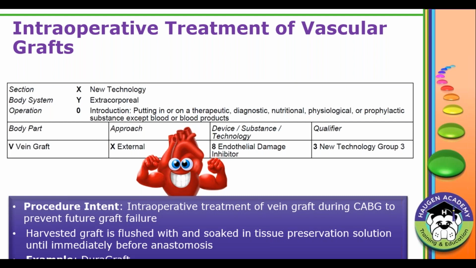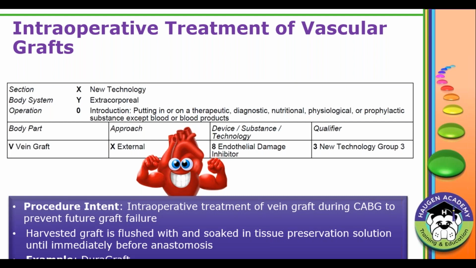One other aside here, and I haven't seen this yet. I don't know if you're doing this in your facility. There is a new technology called Duragraft where they treat the vein graft during the bypass procedure in order to prevent future graft failure. So they take the saphenous vein graft and they flush it and soak it in this tissue preservation solution, as soon as they harvest it and up until the point right before they do the anastomosis.